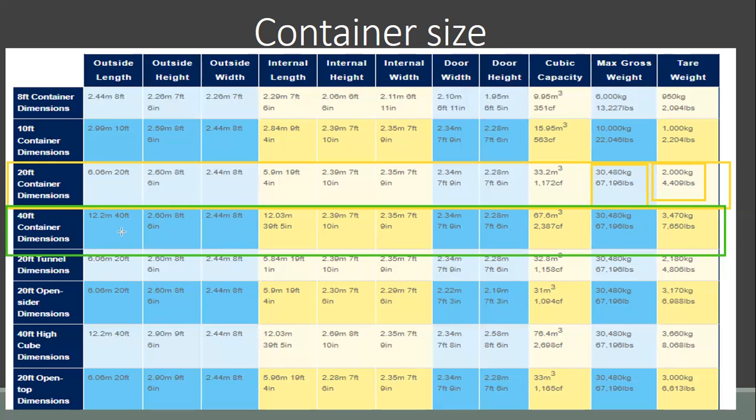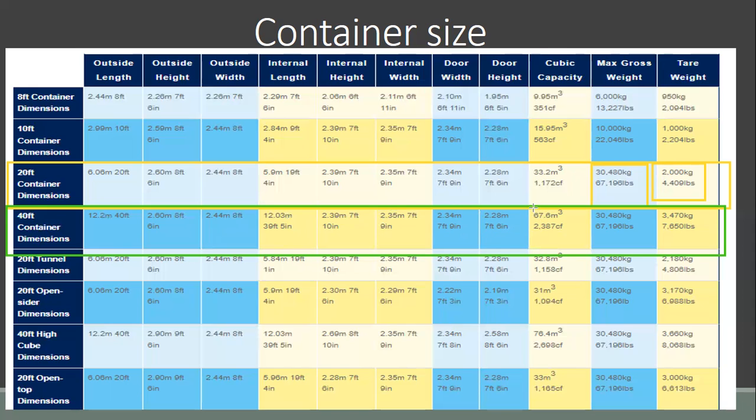Outside length is 40 feet, outside height is 8 feet, outside width is 8 feet, and internal total length is 39 feet. The internal height is 7, and the internal width is 7. So 7, 7, 7, these three are the same. Internal door width is 7 feet again, and door height is 7 feet again.